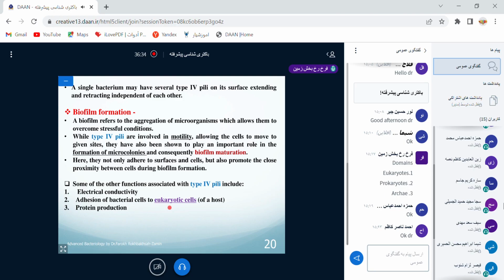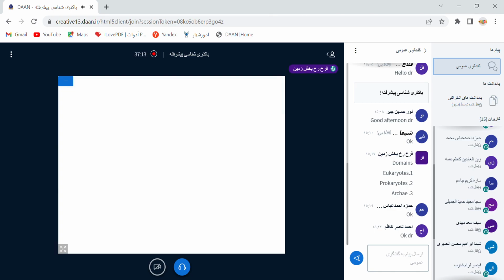Our cells are eukaryotic cells, and bacteria, with the help of type 4 pili, can attach to our cells. Invasiveness is started by attachment with the help of adhesins, and one important type of adhesin is type 4 pili. Protein production also is done.